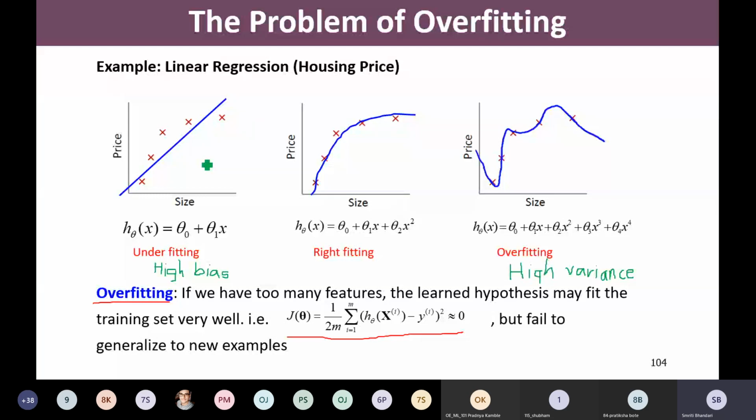And as we are having that assumption in mind with respect to this particular data set, we try to fit a linear model.